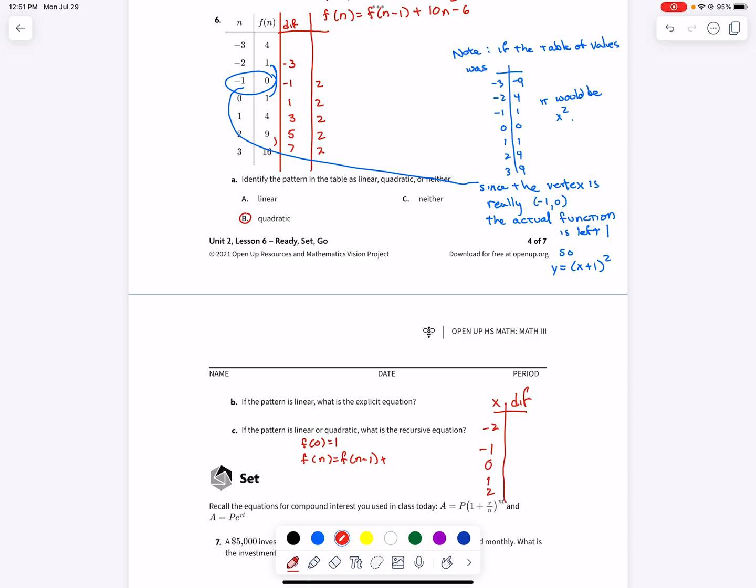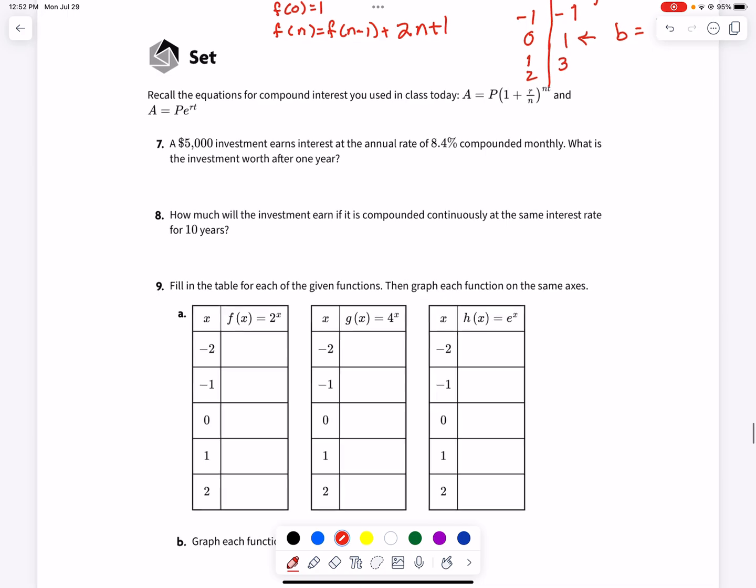That'll be enough. Negative 2 goes with negative 3. Okay, so this is going to be 2n plus 1 for my recursive equation.